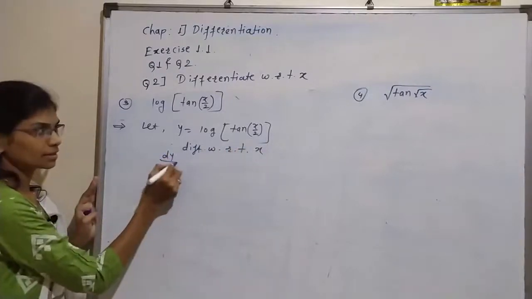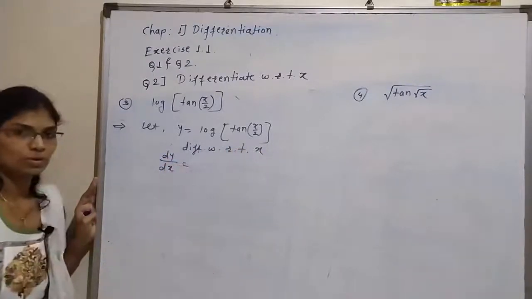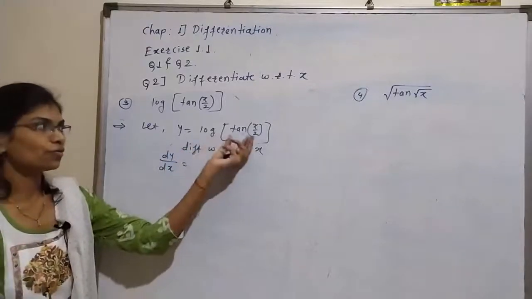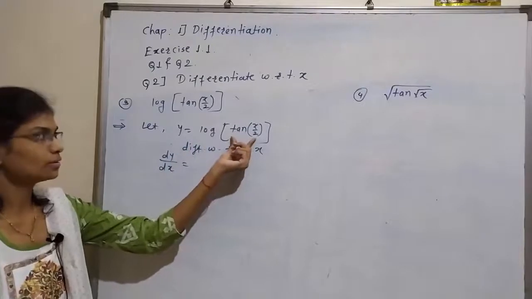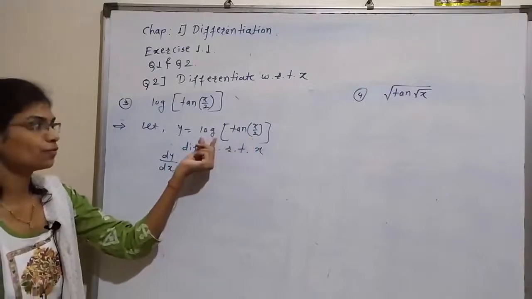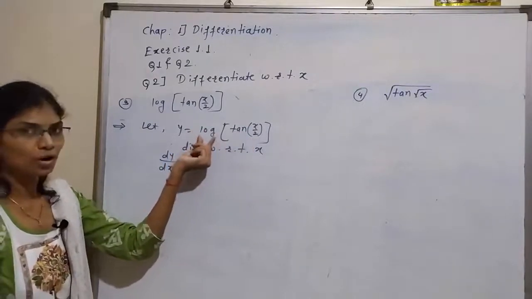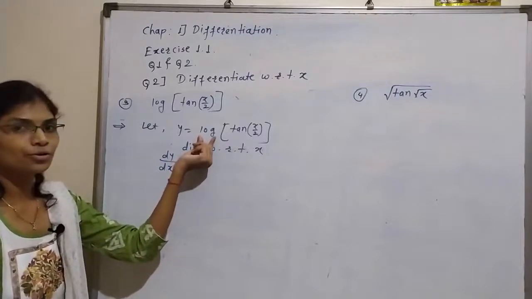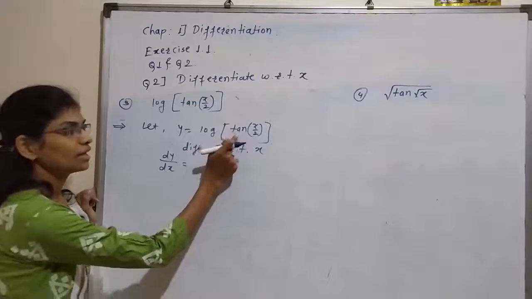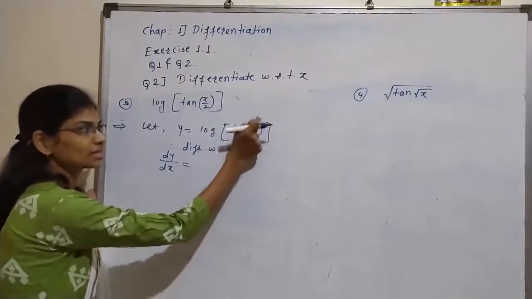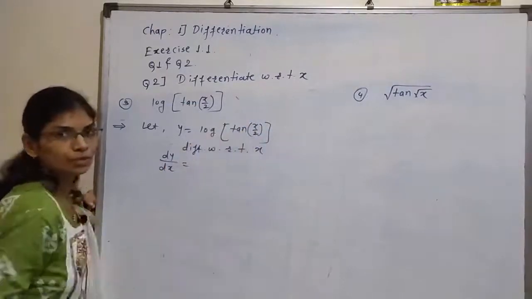Therefore dy by dx is equal to... a function of a function is there. So take the derivative of the first one, the derivative of log. The derivative of log x is 1 by x. Here the term x is tan of x by 2.